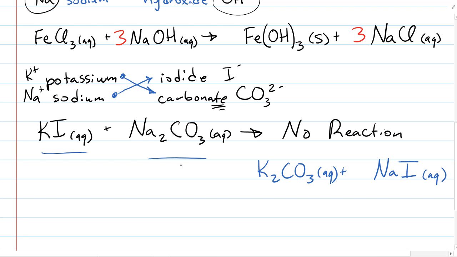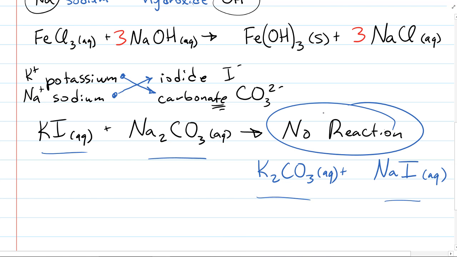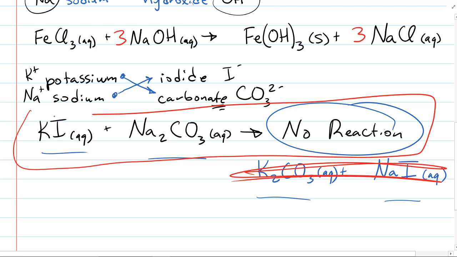In fact, we can't write out products for this. We get rid of that right here, and we'd simply say that when we combine these two together, there would be no reaction. And this is our conclusion.